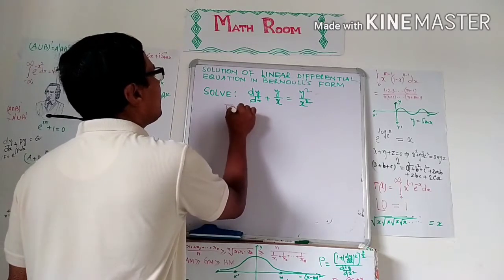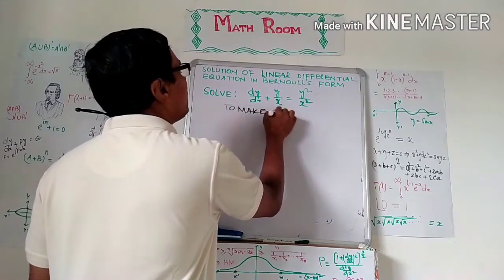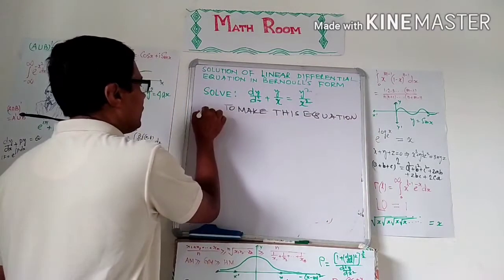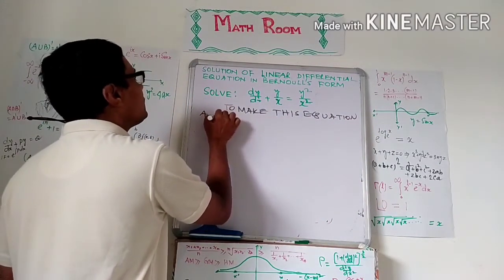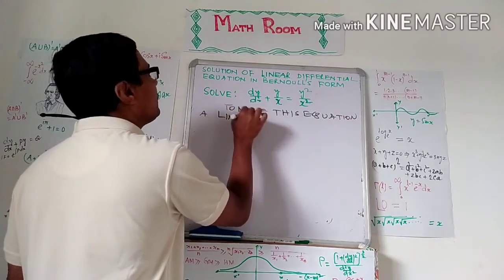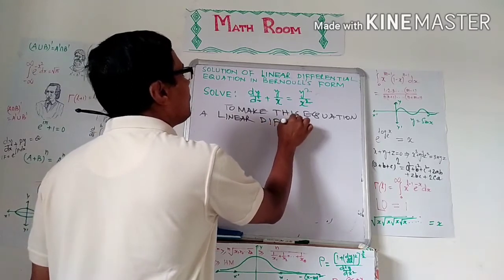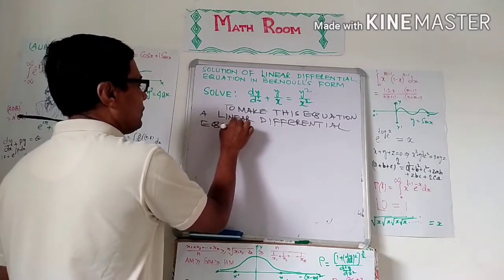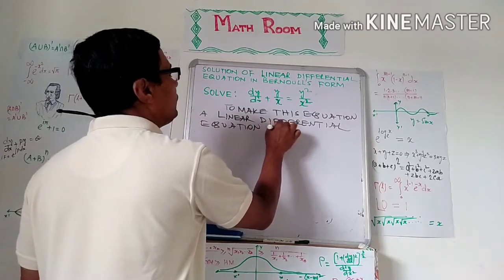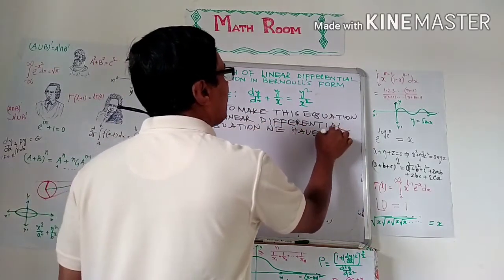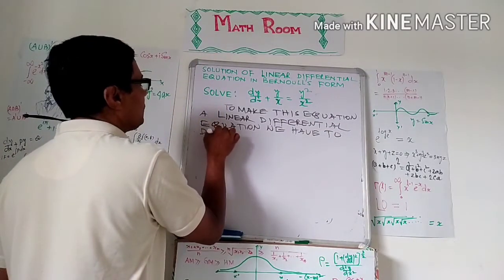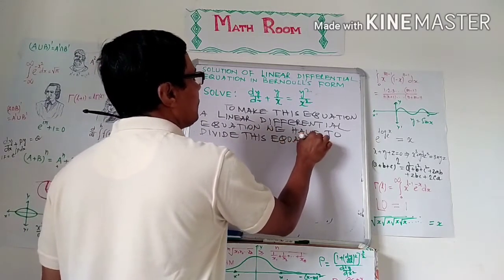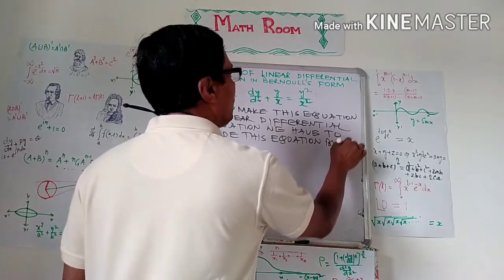To make this equation a perfect linear differential equation, we have to divide this equation by y square.